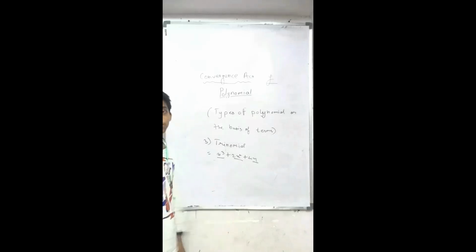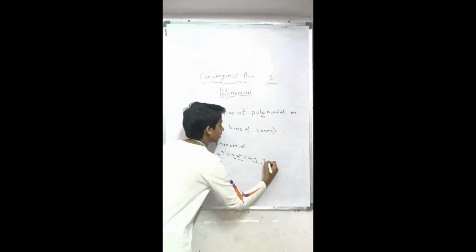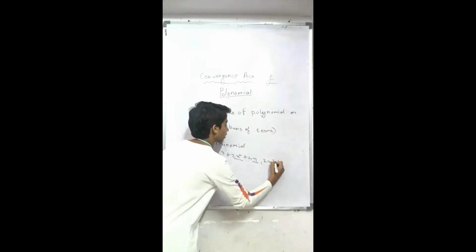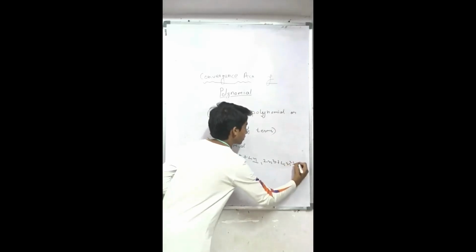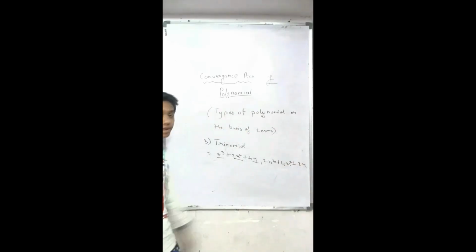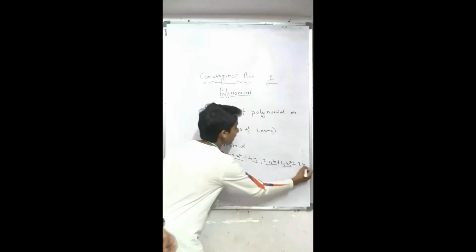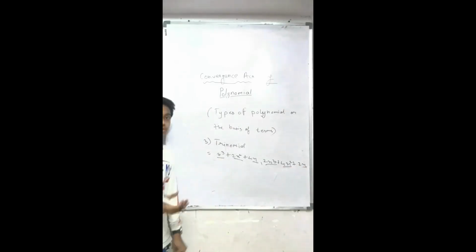Three terms you see here. Okay, so we will take one more example of this. So how many terms do you see here? 1, 2, and 3. Okay, so I hope that you understand this. So we will move to our next point.